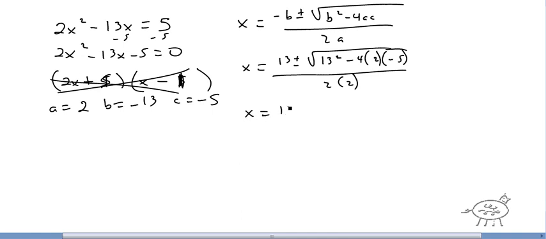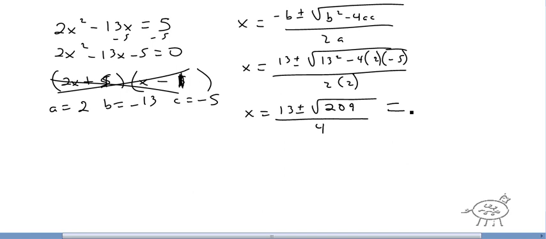Okay, so I'm not doing anything fancy here yet. I'm going to put in my calculator 13 squared minus 4 times 2 times negative 5. And that gives me 209 over 4. Once I have this, I type in my calculator 13 plus the square root of 209, hit equals after you do the top, divided by 4.